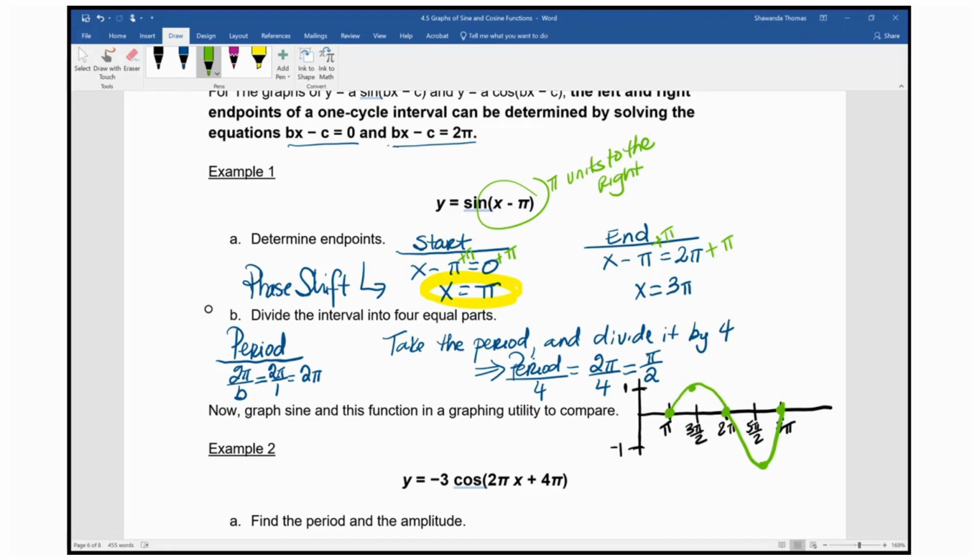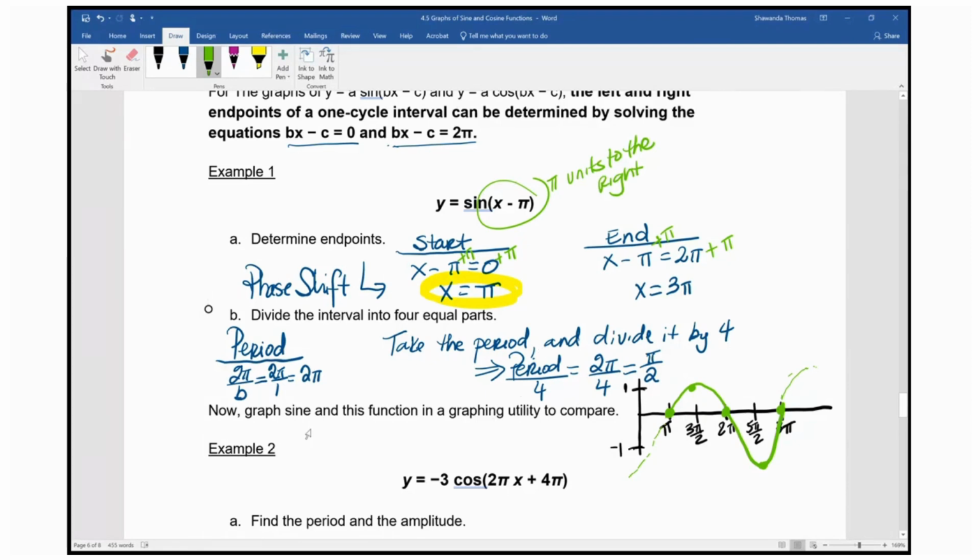So that's one period, and of course it keeps on going. So that's how you graph sine of x minus pi. Notice we didn't start at 0 this time because there was a horizontal shift.